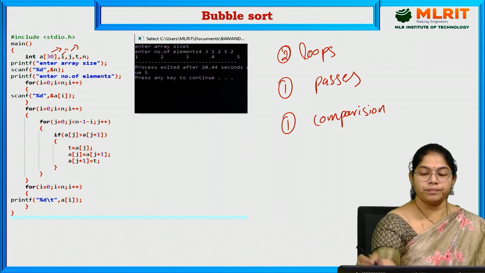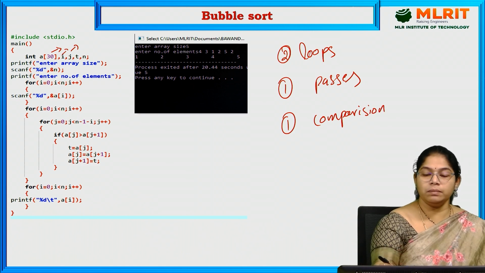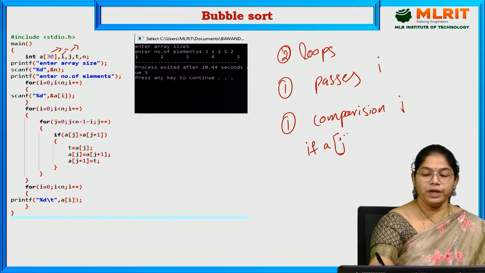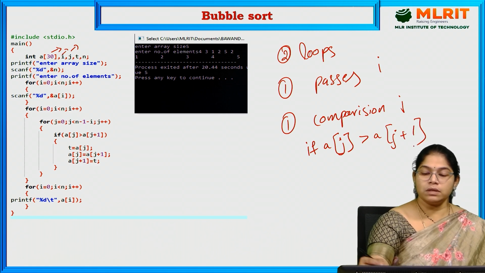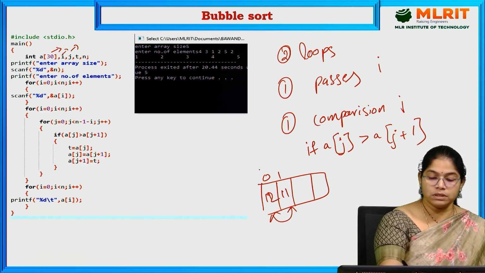comparisons. And if they are in the wrong order, that means if A of, let us suppose this is I and this is J. If A of J is greater than A of J plus 1, because suppose here I am checking these 2, 11, 12 and 11. We are comparing these 2. This is J. Now next J plus 1, because it is 0 and 1.